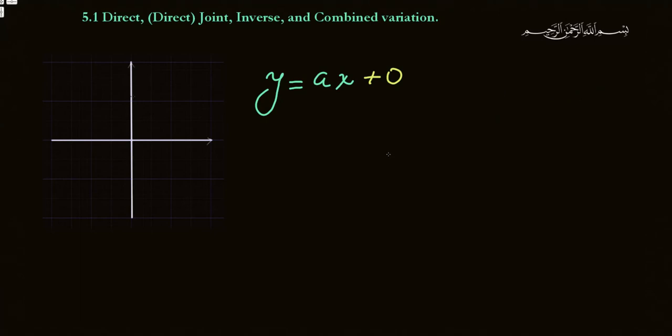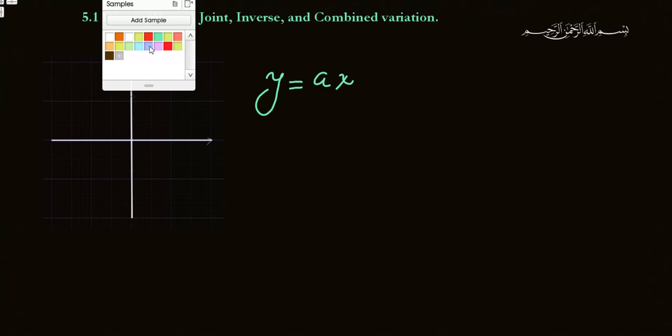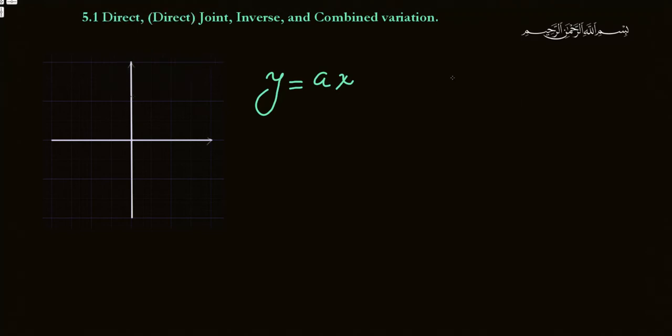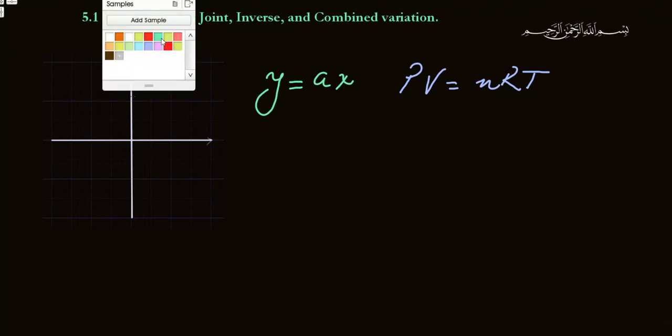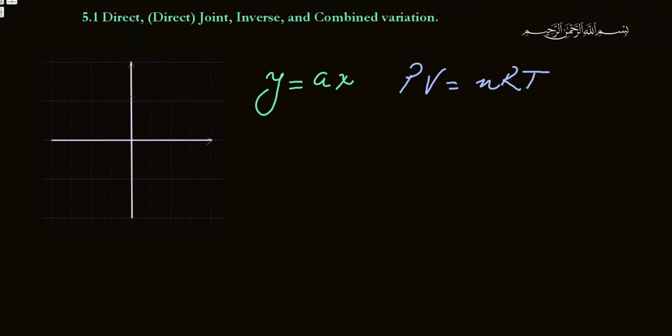Now, one famous example of all of this is the ideal gas law that you study, inshallah, in chemistry. The ideal gas law is this. This equation actually models the behavior of gases in ideal conditions.